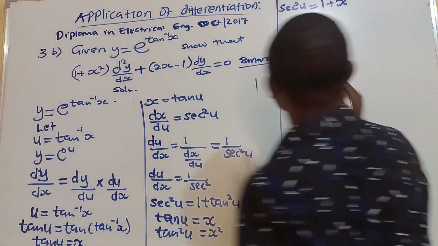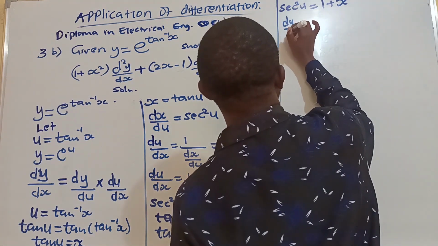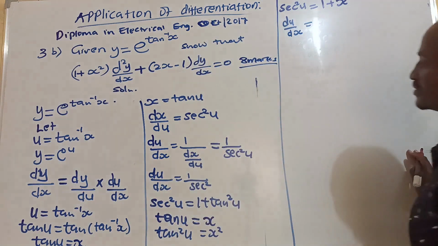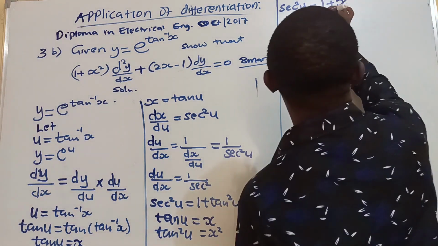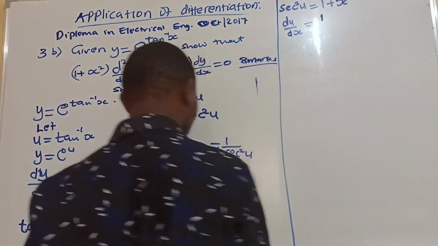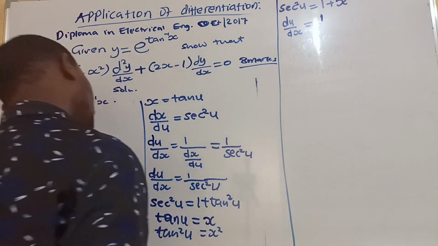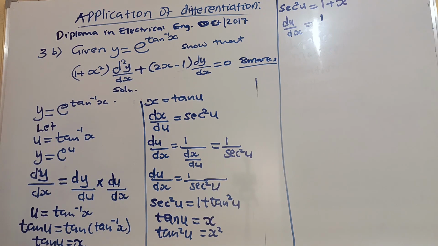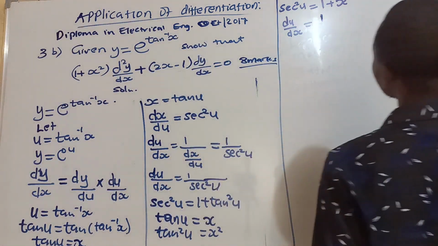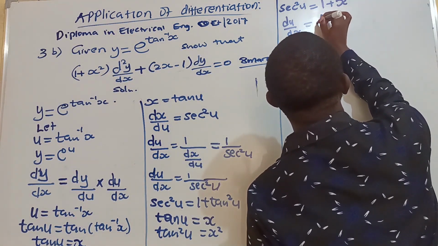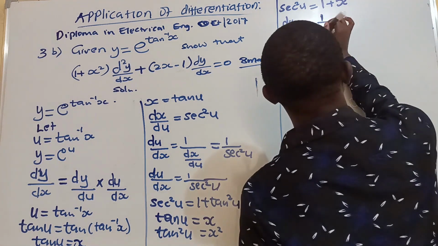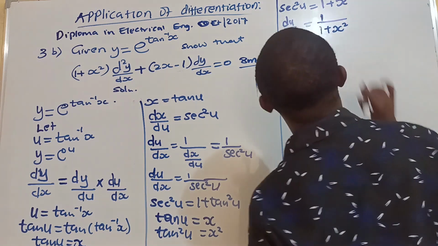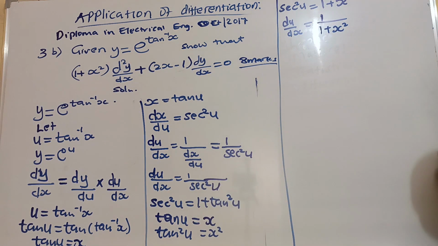It now gives us du/dx is equal to 1 over sec squared u, which is equal to 1 over 1 plus tan squared u, which is 1 over 1 plus x squared. So that's how you get du/dx.